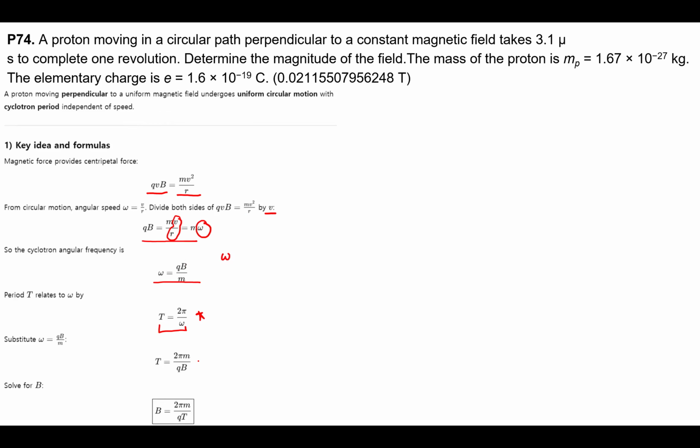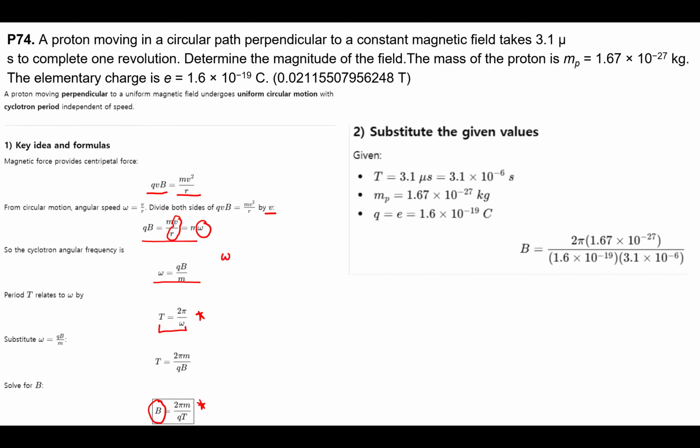And T is given, and we need to find out the magnetic field, right? So this is the equation you need to work on. And note that everything should be in conventional units: second, kilogram, and coulomb. Okay, and then you get Tesla.